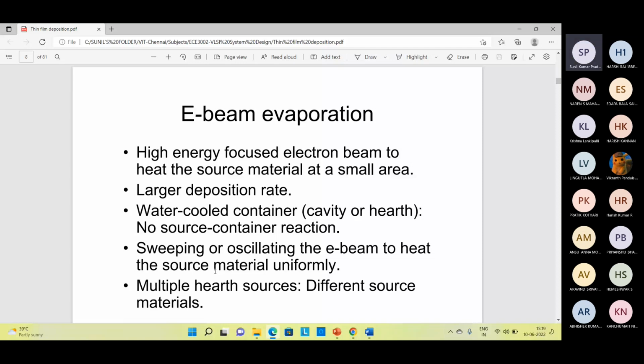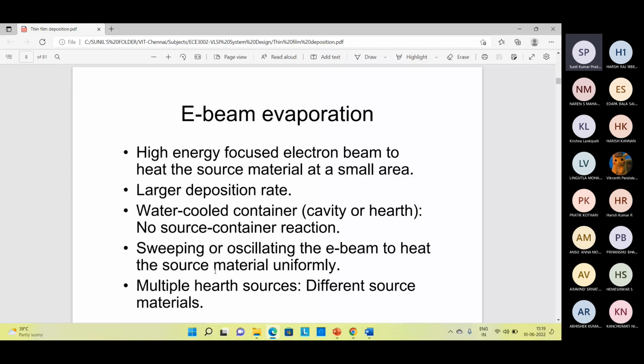But in electron beam evaporation, we use a high energy focused electron beam to heat the surface material at a small area. That is the difference between electron beam evaporation and thermal evaporation. Compared to thermal evaporation, electron beam evaporation has high energy, because the electron has high energy, so it can heat the source material at a smaller area.